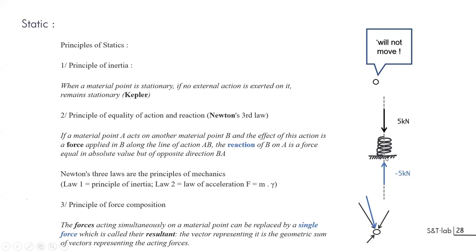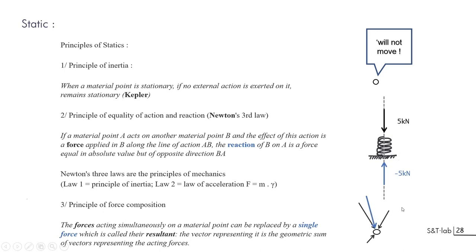This is the third law of Newton, the first law being the principle of inertia, and the second being the law of acceleration. The third principle that we'll be using for graphic statics is that if you have several forces acting on a point, you can replace all these forces, the black ones, by the resultant, shown here in blue, and just manipulate the resultant force.